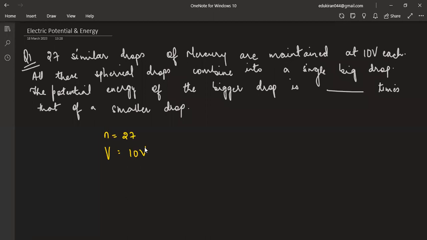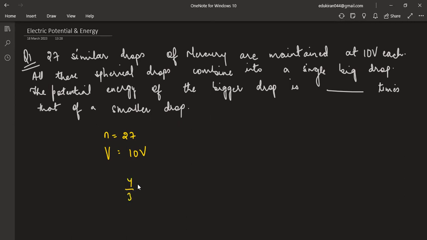Which quantity remains constant when these 27 drops are combined to form a big drop? The physical quantity that should remain constant is volume. Yes, right. Volume remains constant.